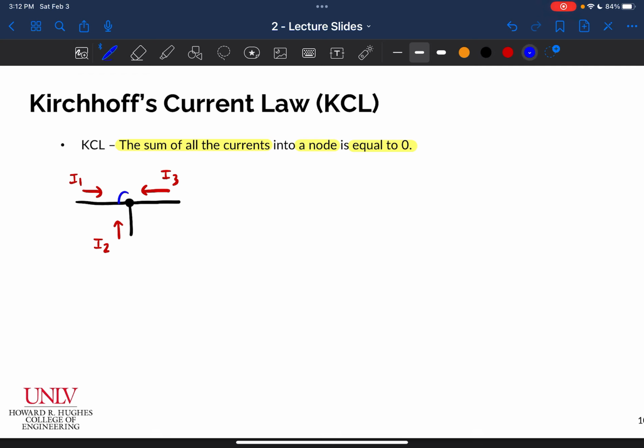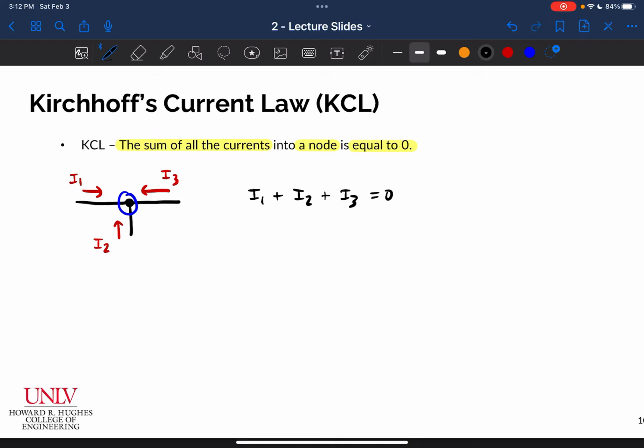This is my node, and these are all three the currents in the branches that connect to this node. And so I can write my KCL expression pretty easily. I can just say that I1 plus I2 plus I3 is equal to 0. And that's it. That would be my KCL expression for this node.